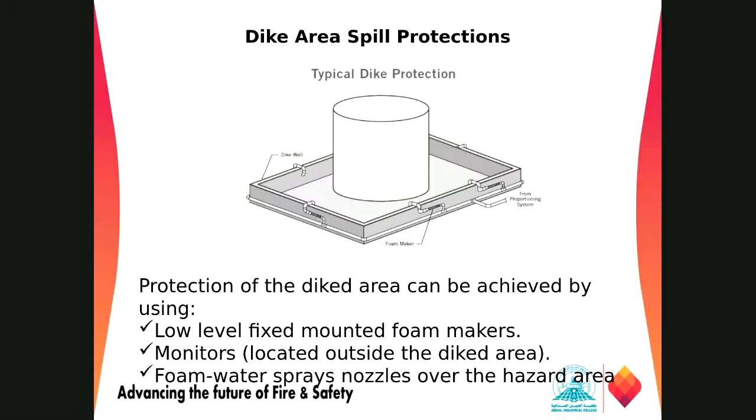So this is all about designing a foam system for storage tanks, for above seal protection and below seal protection in our manual. The concept is the same. You just have to refer to the book and apply your skills and knowledge to get more criteria from those books.